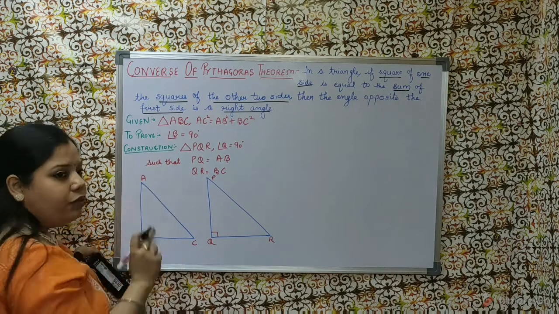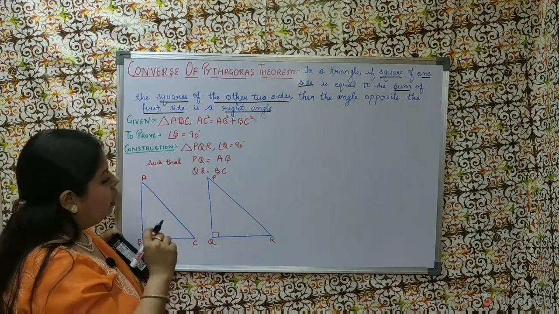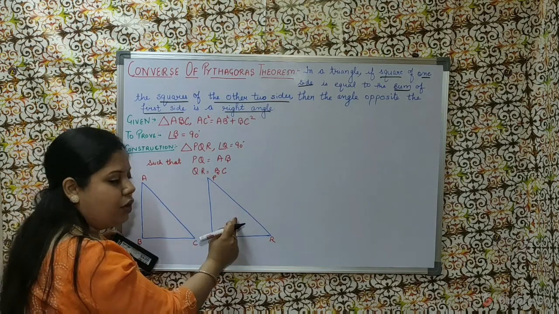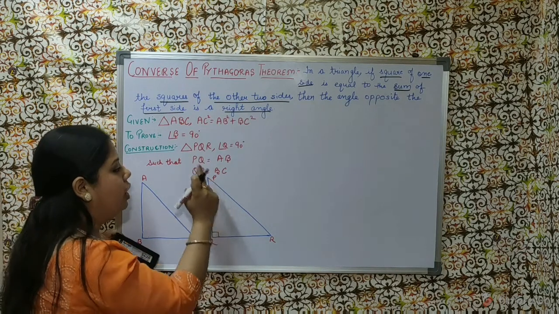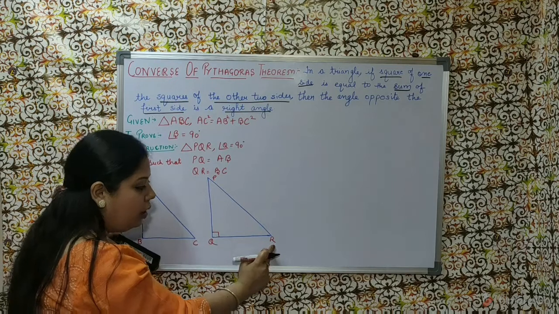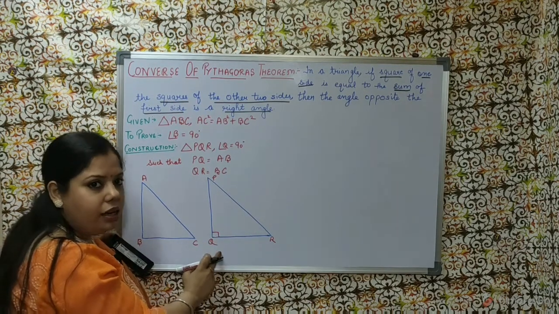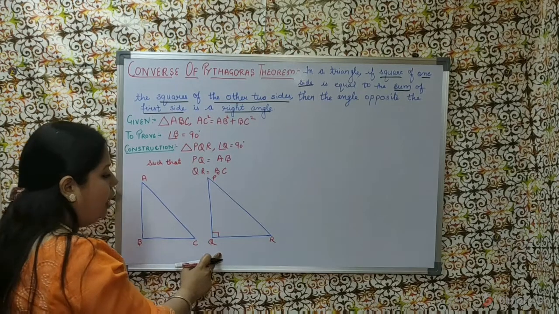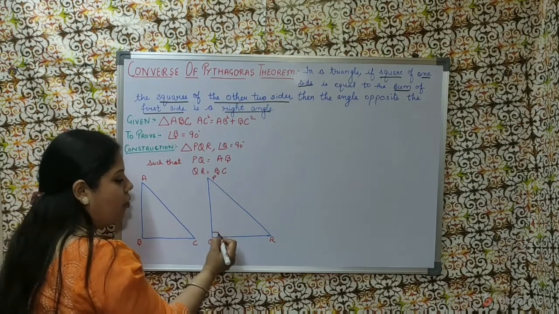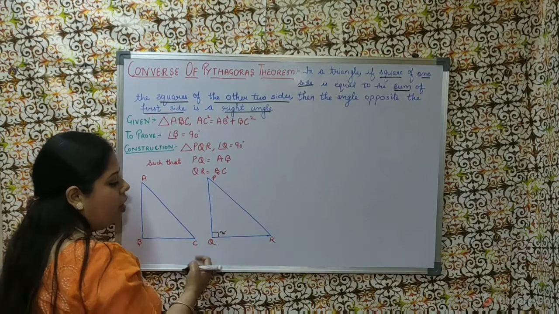For this, I have to do one construction. I have to construct one more triangle which is named PQR, in which angle Q is 90 degree. It is a right angle triangle and its angle Q is of 90 degree.